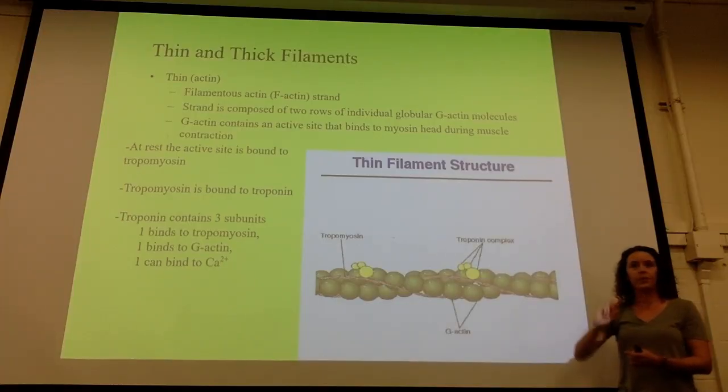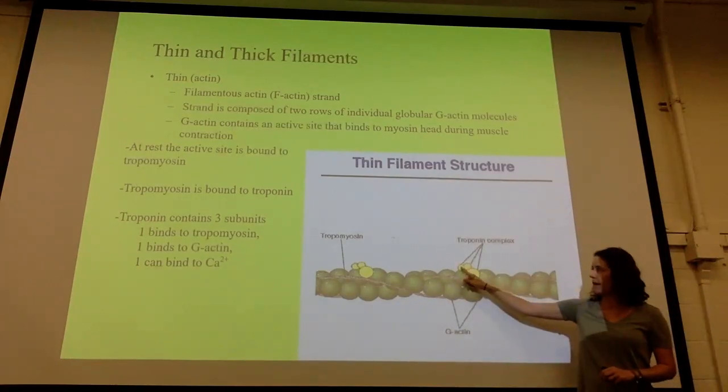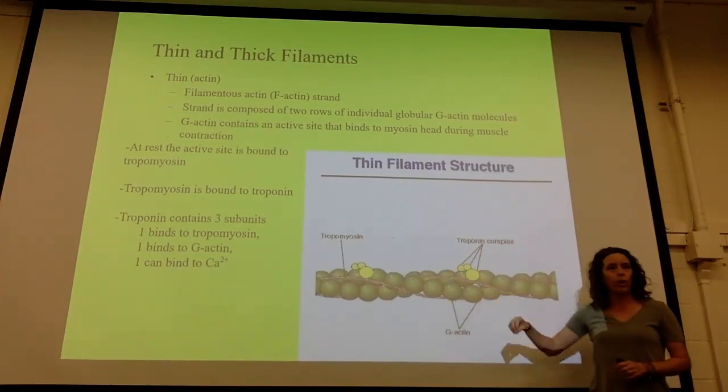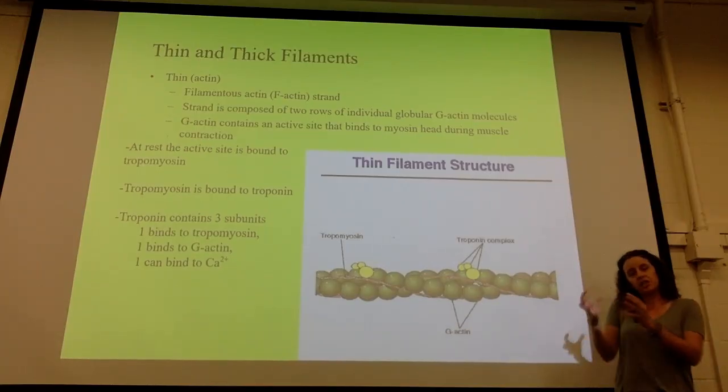So I'll say that again. We need calcium for muscle contractions because calcium comes in and binds to troponin. It has a special spot on troponin. When calcium binds to troponin, it changes the shape.